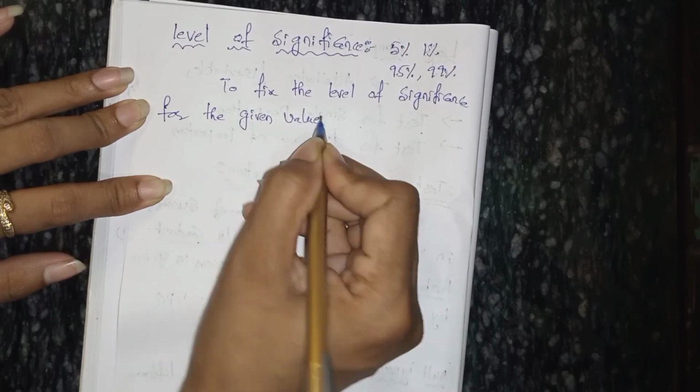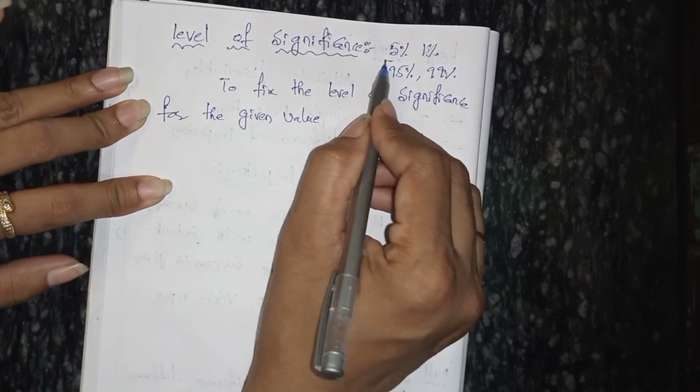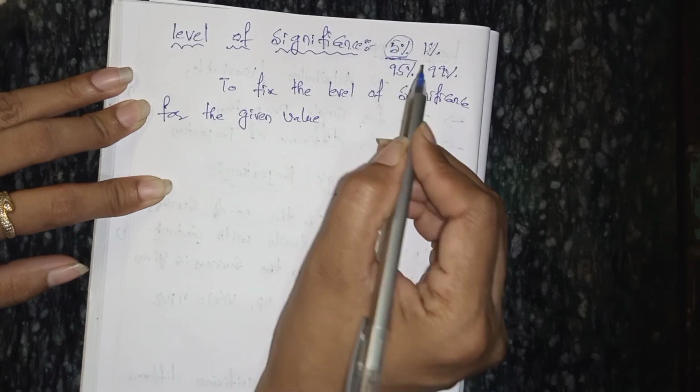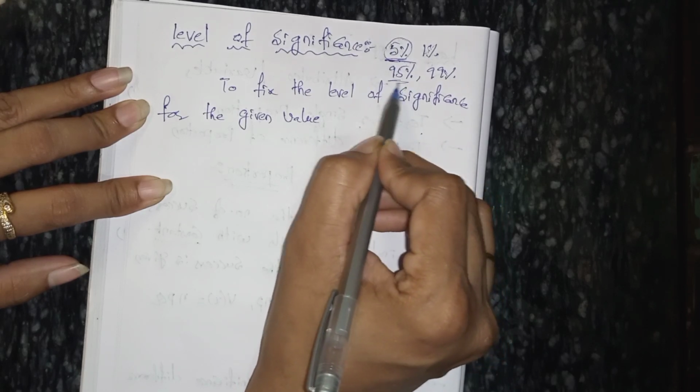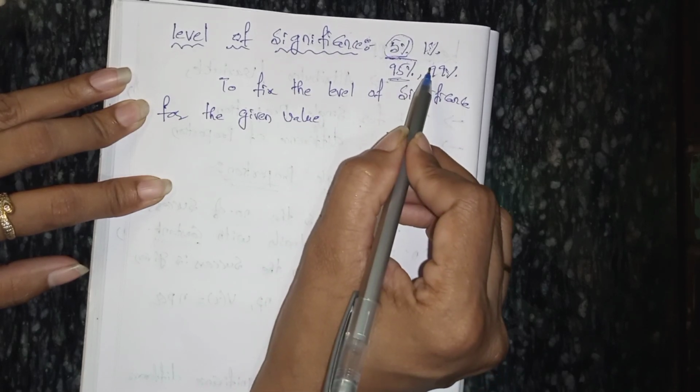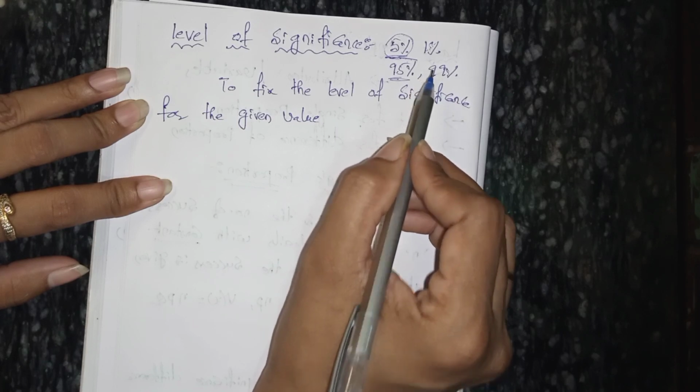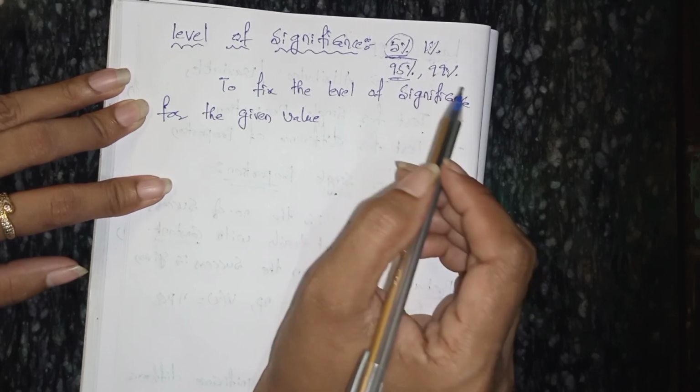If they don't give any value, you can take 5%, that means 95%. If they give a particular percent level of significance, you have to test at that level.